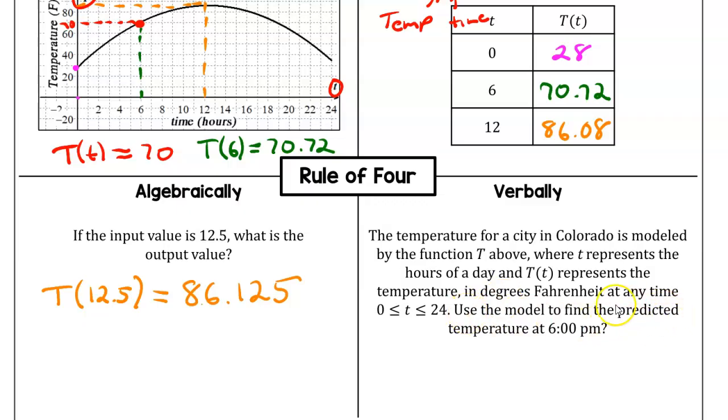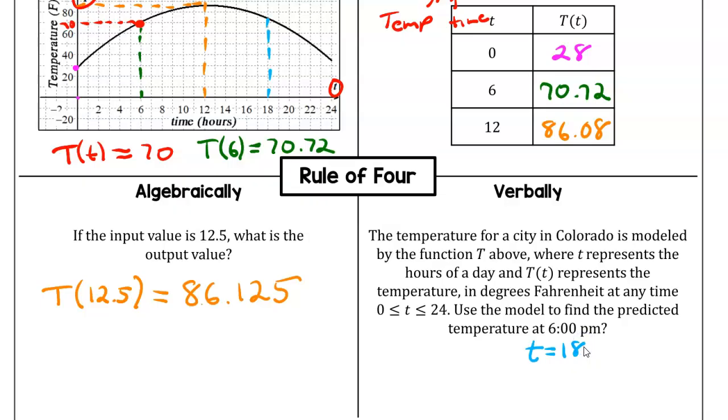Use the model to help predict the temperature at 6 p.m. So 6 p.m. is from 12 o'clock, high noon, plus 6 more hours. We have to be careful and know that on the graph, even though it says 6 p.m., that's the same as 18. We're talking about the time.